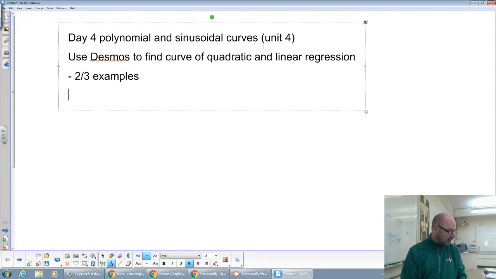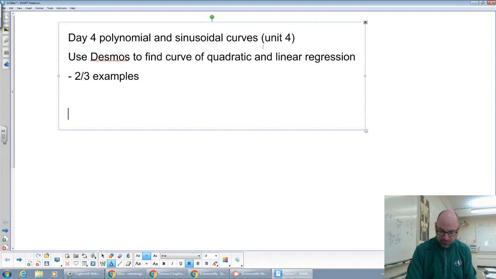So let's start off with an example of doing some data. I'm just going to steal one from the end of the unit here. I don't know which kind of regression this is, which is good. Then we'll figure it out. So let's start off with example 1.